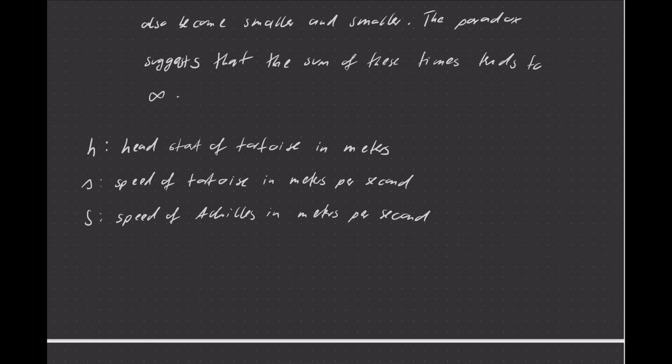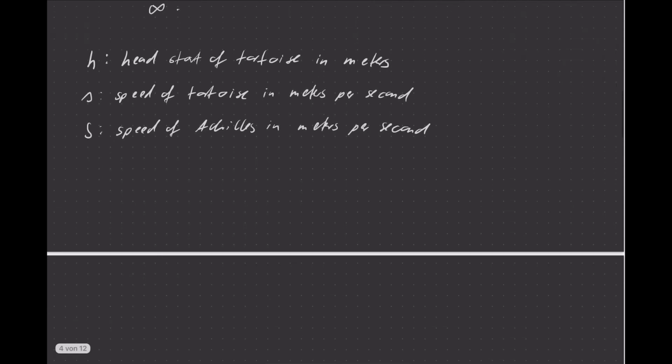And then let's say we define a sequence tk, and tk shall be the time that Achilles needs to run from the k minus first point to the kth position. That's all the discrete time points that we consider in this paradox.